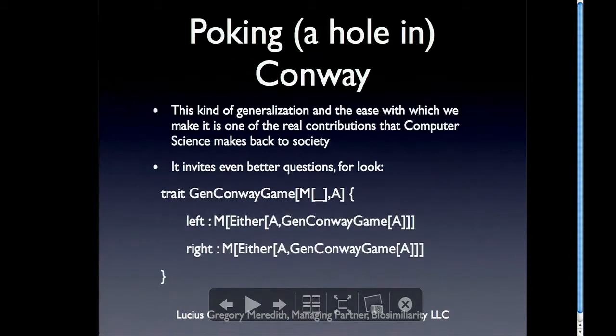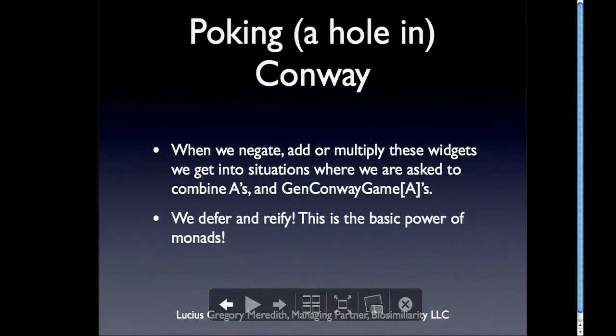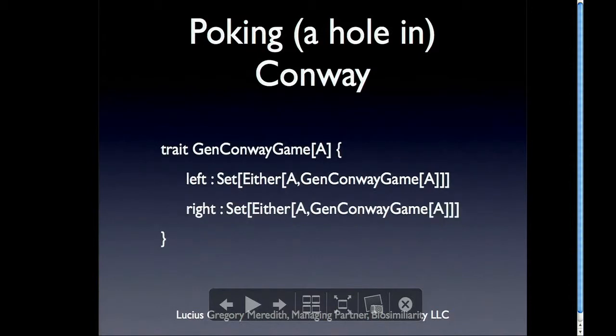And in fact, I guess what I want to say is that we've seen two generalizations. One is we poke a hole in Conway Games, and any first-year CS student, picking up Haskell for the first time, could have made this observation, right? That's a gift that computer science gives back to society.